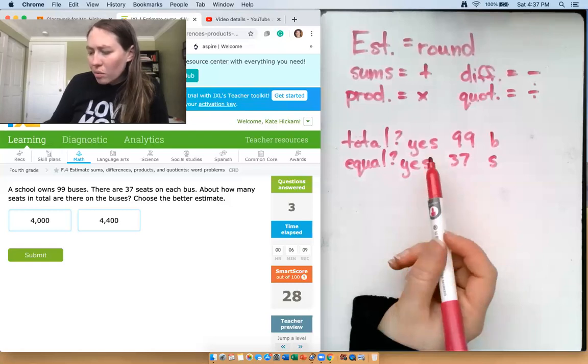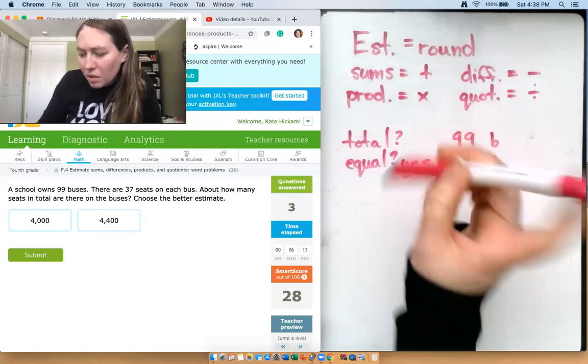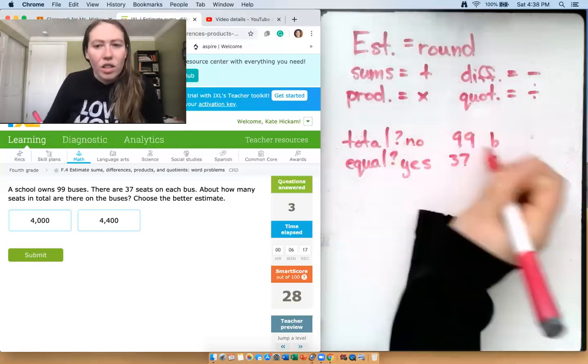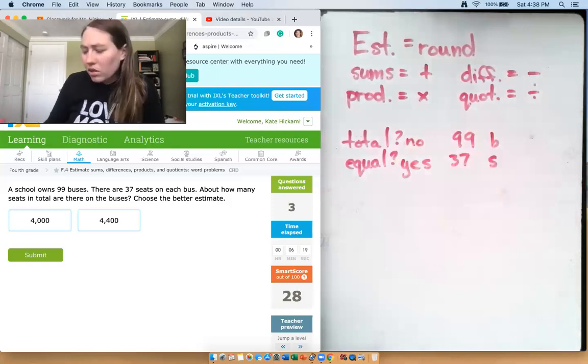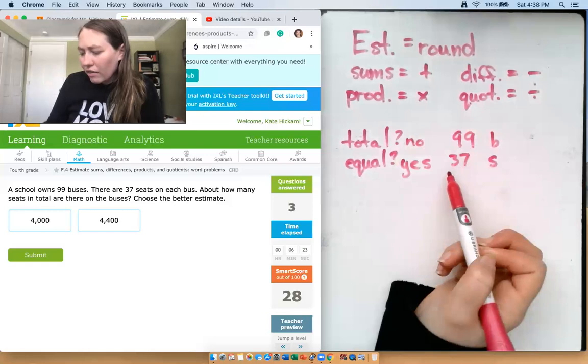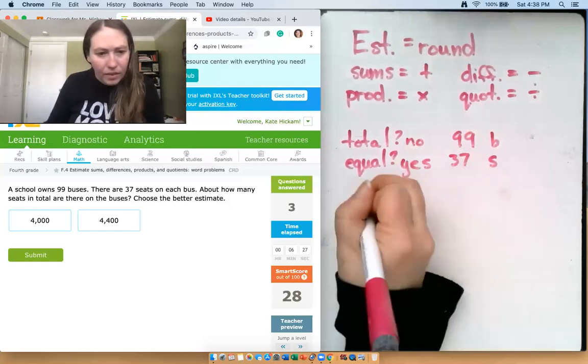Oh, so no, we want to know the number of seats. So we don't have the total number of seats. We have the total number of buses. So no, because we're looking for seats. Well, 99 and 37, we don't have a total. It's the same every time, so we know we're going to be multiplying.